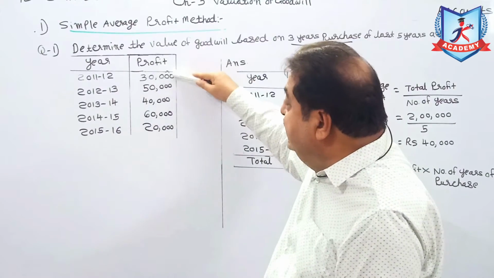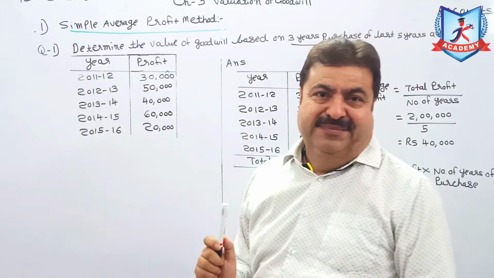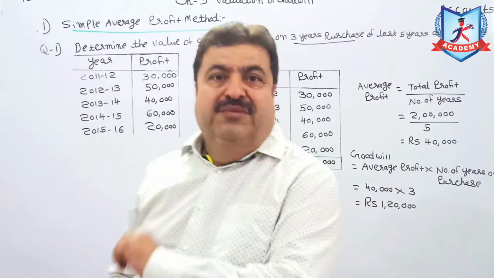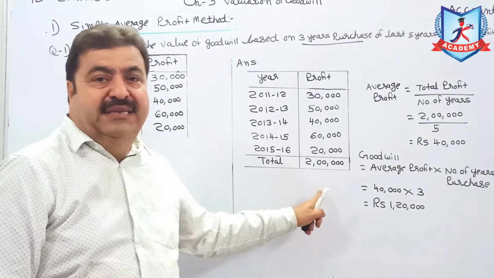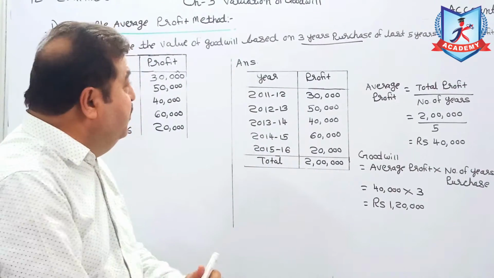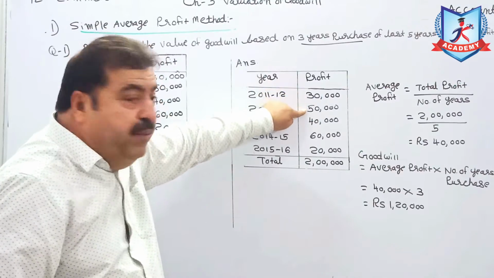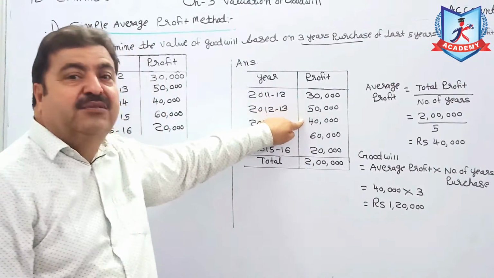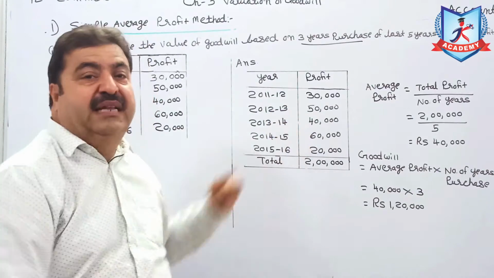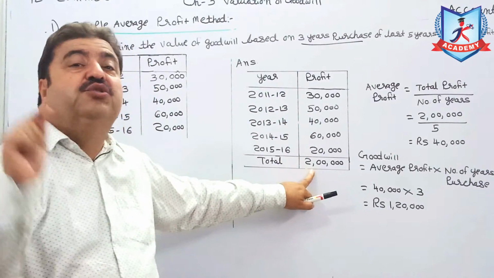So your profit is irregular. Now, how to start? First of all, make the total. 30,000 plus 50,000 plus 40,000 plus 60,000 plus 20,000. So what's the total? 2 lakhs.